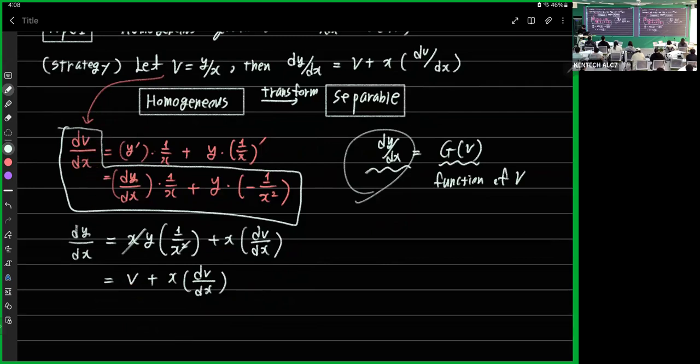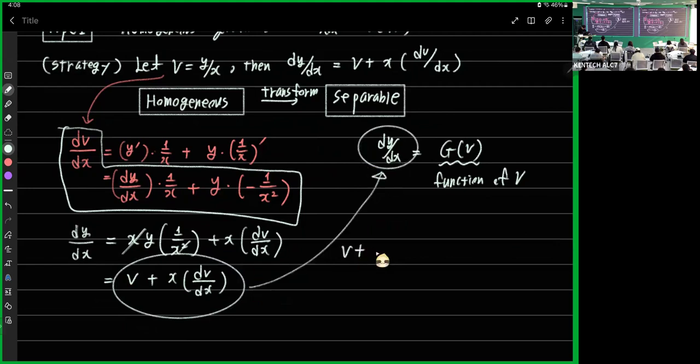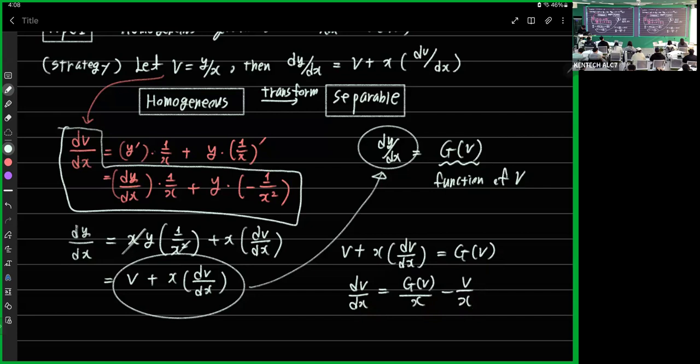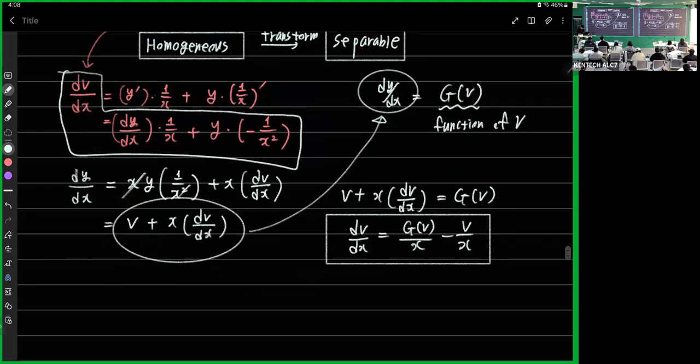So now we substitute this into there, and v plus x times dv/dx is equal to g of v. Now dv/dx is equal to g of v minus v, over x. So we have completely transformed the differential equation into this one, and this is separable.